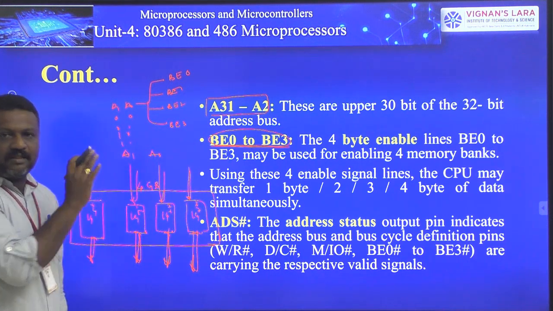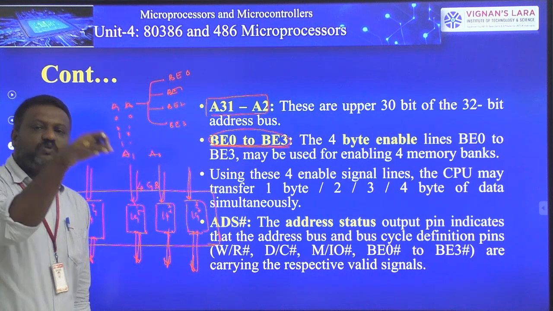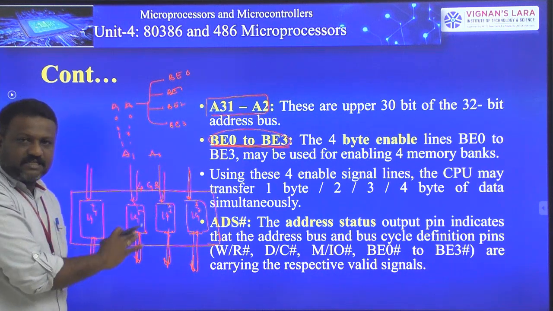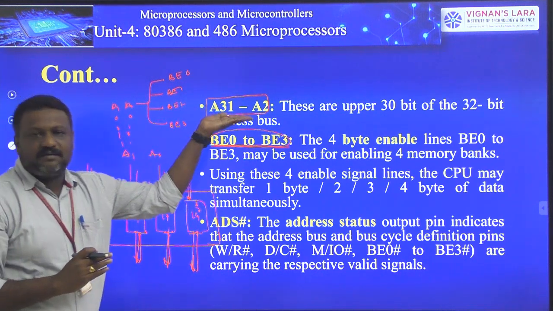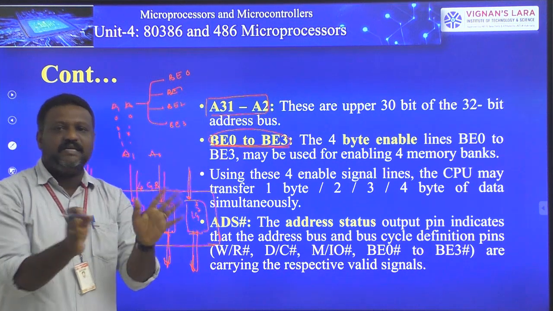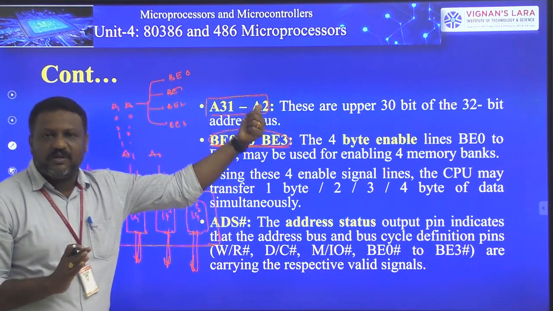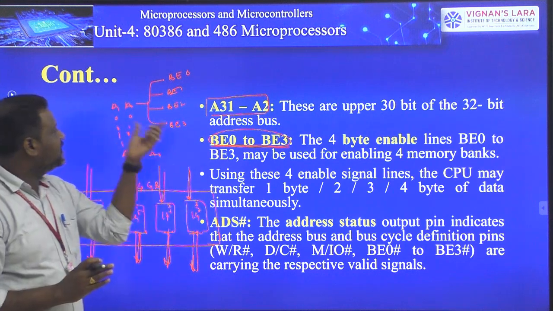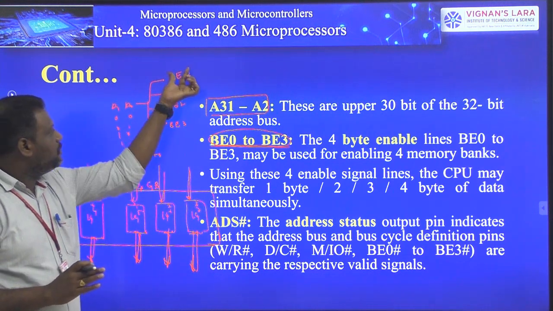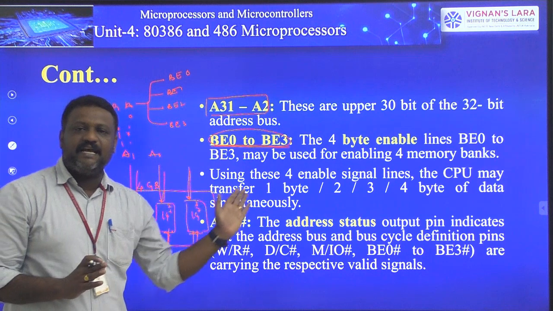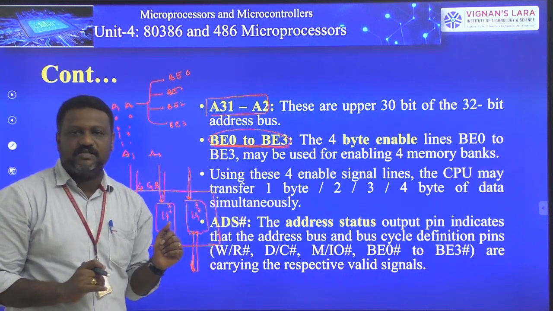Like this, the total 32 address lines of our 80386 can be organized. We get 30 direct address lines, dedicated ones, that is A31 to A2, but the 2 least significant address lines A1 and A0 are produced as 4 byte enable signals or bank enable signals.